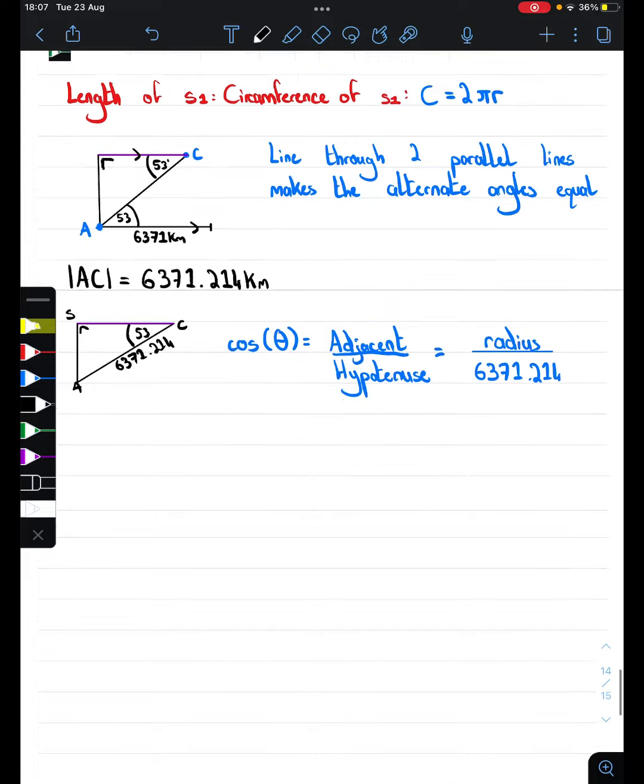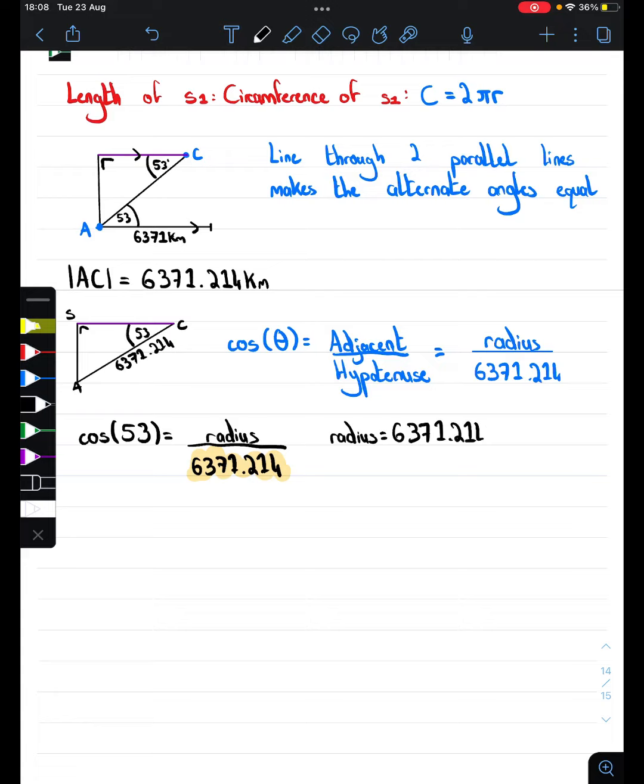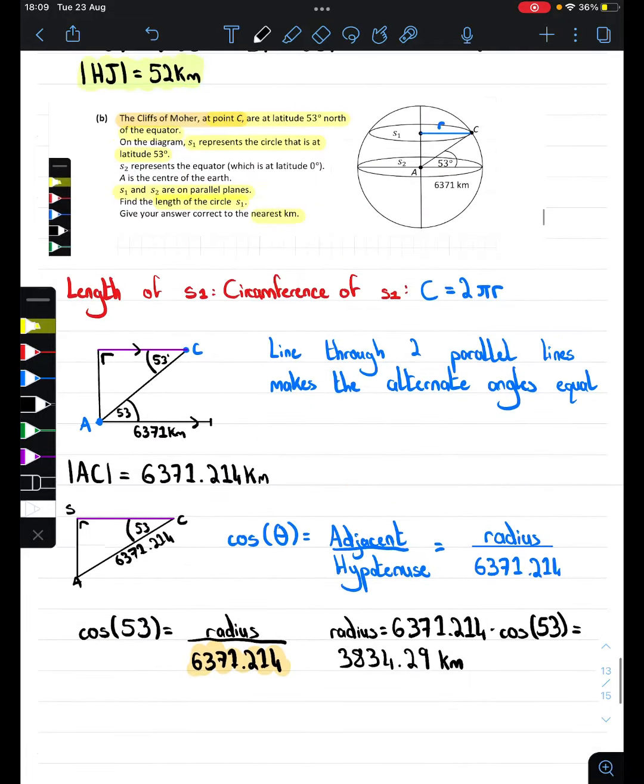And so we just get cosine of 53 equals radius over 6,371.214, and then just multiply by this denominator, and we get the radius equals 6,371.214 times cosine of 53, which is 3,834.29 kilometers. So that's the radius of this circle S1.